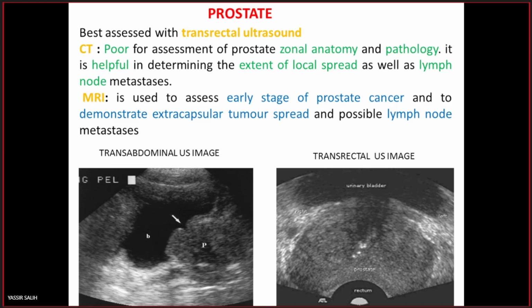Magnetic resonance imaging, MRI, can also be used for assessment of the prostate, and it is very helpful in the early stage of prostate cancer. It can be used for diagnosis of early prostate cancer, and can also give us information about extracapsular tumor spread or secondary metastatic lymphadenopathy.